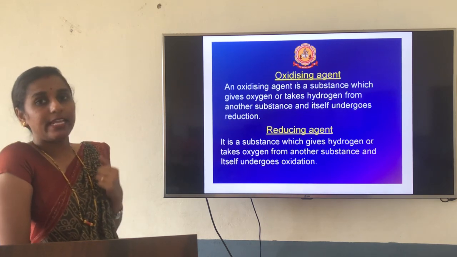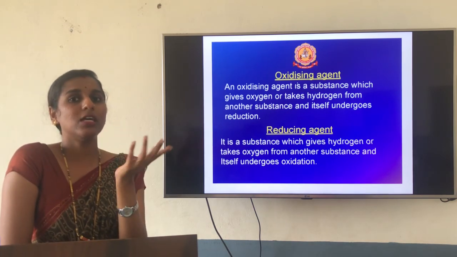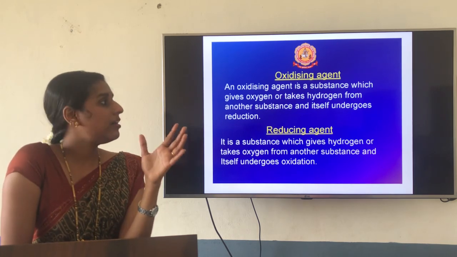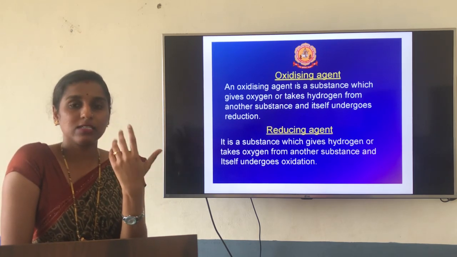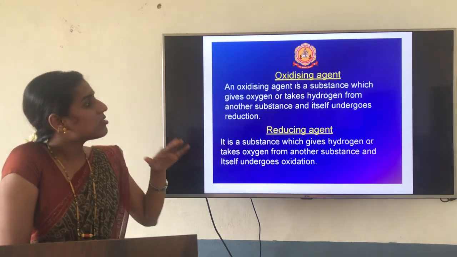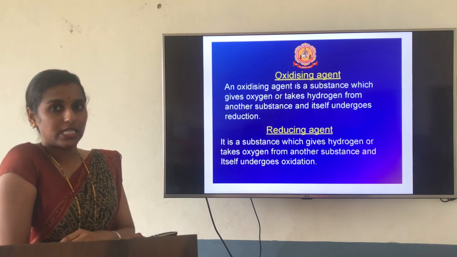Now I did not give any examples for redox reaction based on electrons, because when you come to first year you will be learning the lesson on electron transfer, in the sense oxidation as well as reduction. So here we are just revising the concept you have learned in your 10th standard or lower classes.